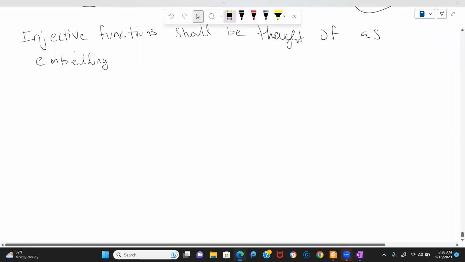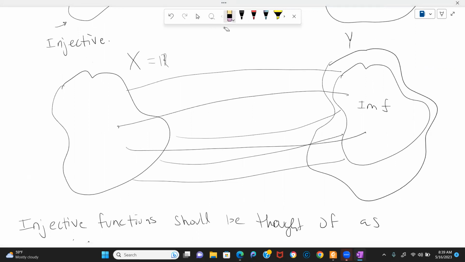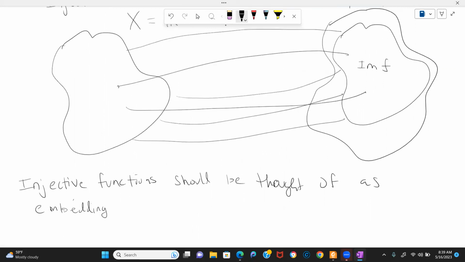It turns out that we have a nice test for when a function is injective, at least for a real-valued function. So you'd want to take X and Y to be R, the real numbers. This R is a topological space, actually, an example of a one-dimensional topological space.